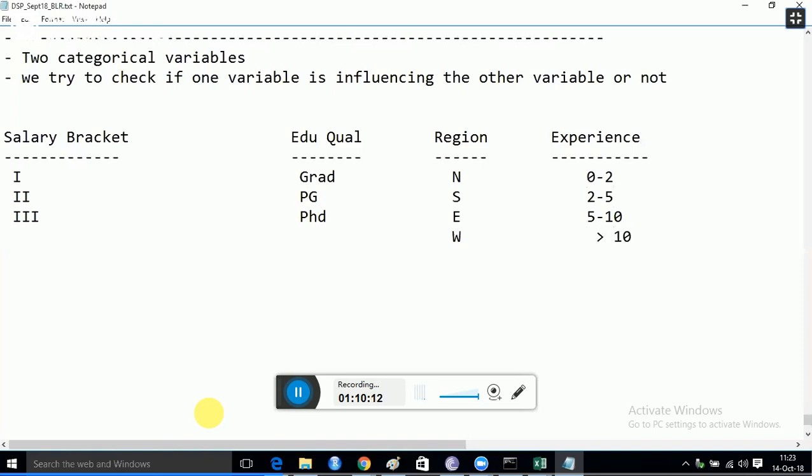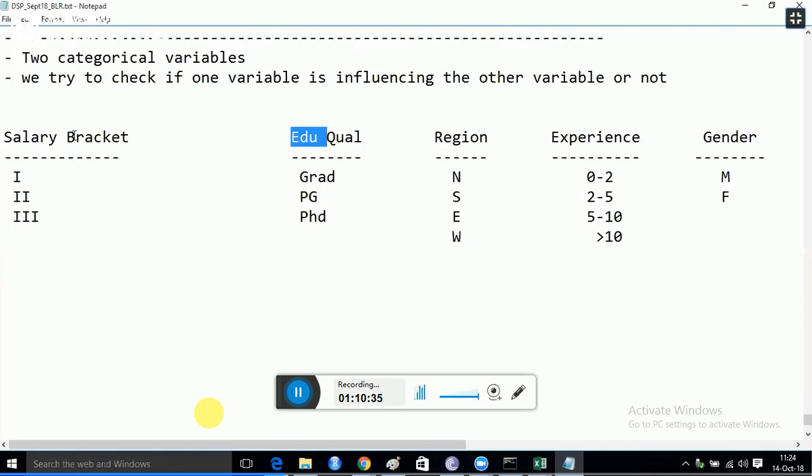Let's say these are my brackets. And lastly, I have one more categorical variable, let's say gender: male and female. Now, let's look at this versus this one by one.